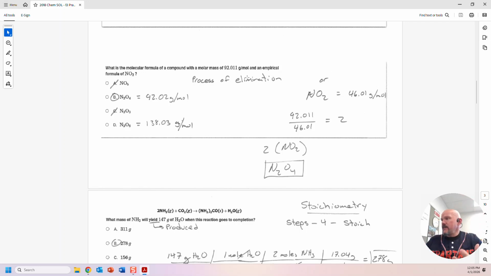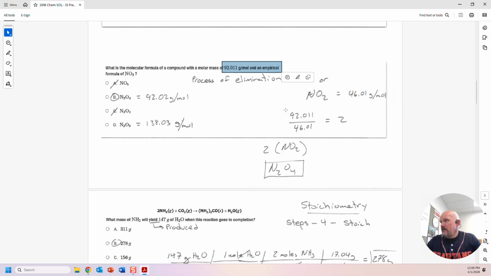Now the technical way you should do this, let's say it was a free response question, is you should take the empirical formula that they give you and figure out its molar mass. So what I did was add up 2 oxygens, so 16 plus 16 plus 14 for nitrogen, 14.01, right? So NO2 weighs around 46 grams per mole, and the molar mass of the compound is 92.